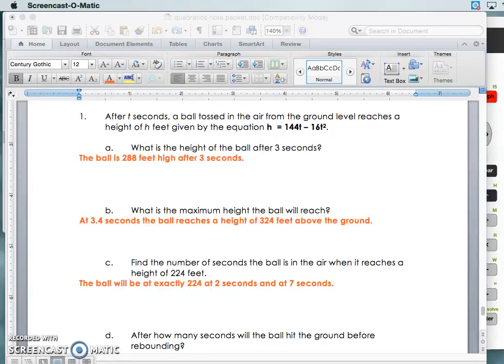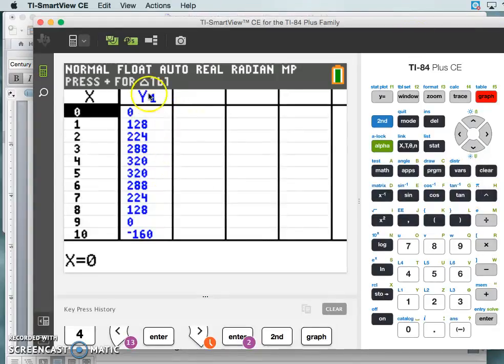And the last question is, after how many seconds will the ball hit the ground before rebounding? And again, we're going to use our table for that, and we're looking for when y is equal to 0. So it starts at 0, but we're not interested in that. It says after how many seconds, so time has elapsed, and that's right here at 9 seconds.